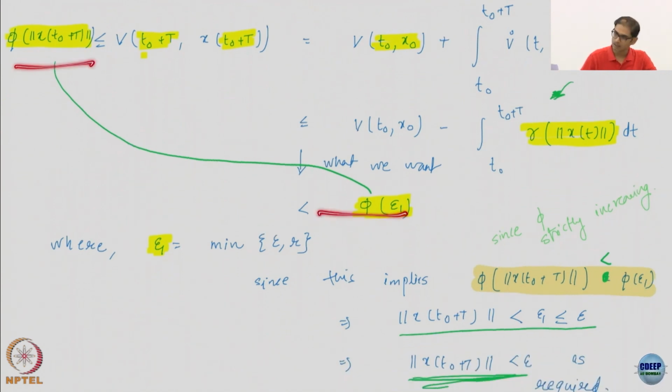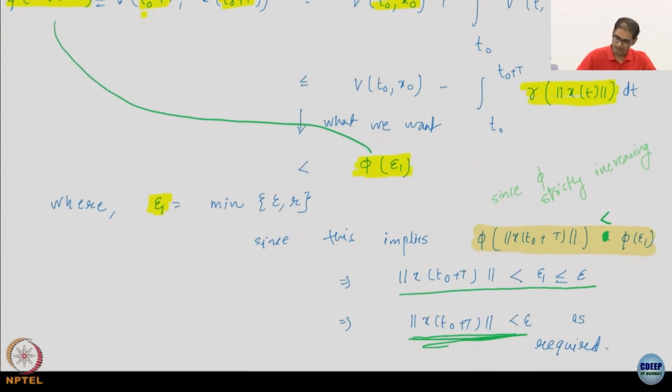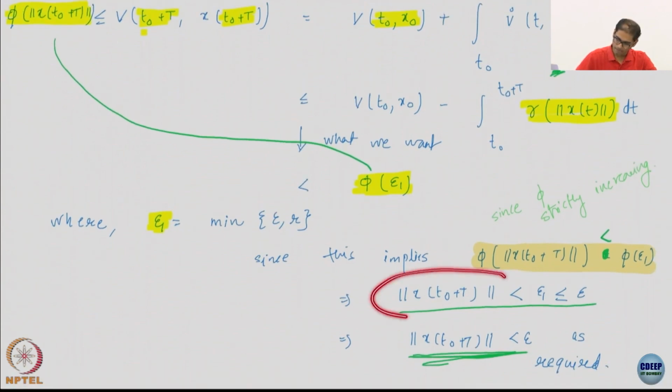This and this together imply this. And that means that the norm of x of t0 plus cap T has to be less than or equal to epsilon. And this is what I need.